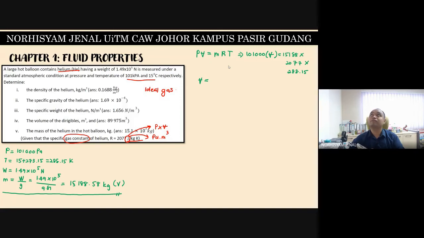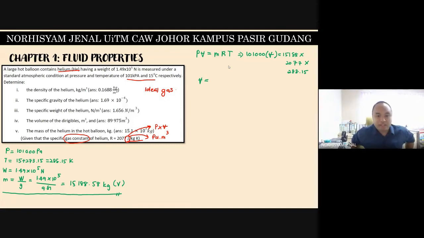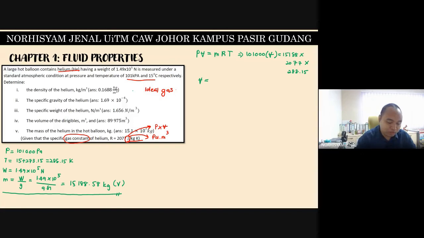No. Or am I getting a different number here? Oh, so the volume should be 15188.58 times 2077 times 288.15 divided by 101,000. So it should get around 90,000 for volume.